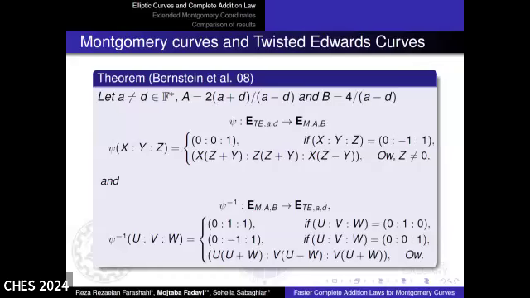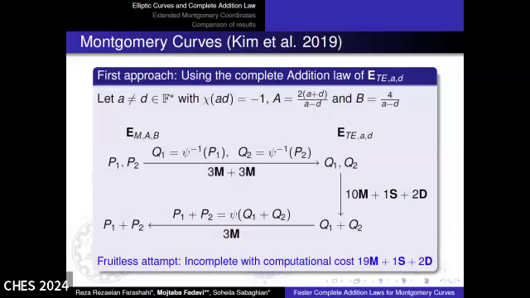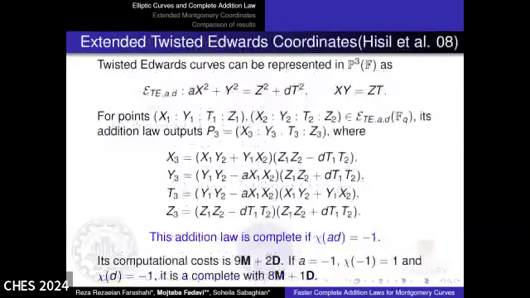Now, in 2019, Kim and its co-authors tried to, as we said, twisted Edwards curves have complete addition laws. We see here that we have only one equation, one addition law for computing P1 plus P2.